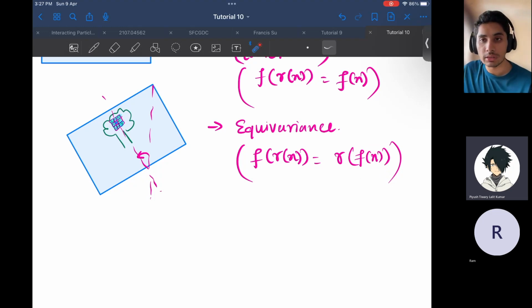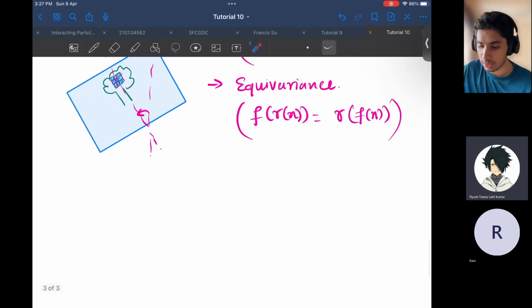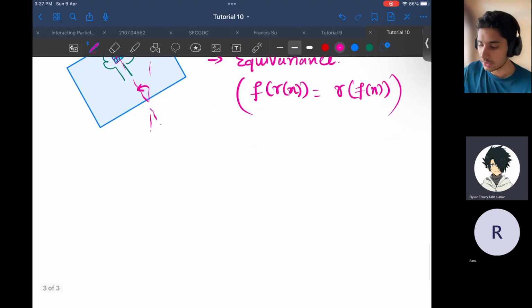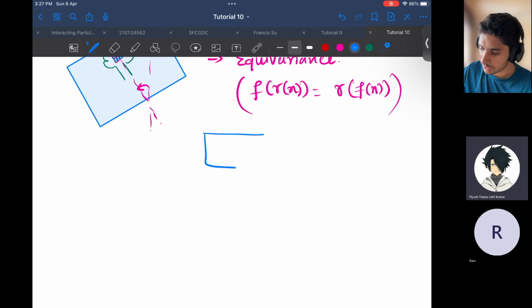So you can think of it as, let's say you are doing some sort of segmentation, right? One straightforward application of equivariance is, let's say you have some image and you want to segment out something. Segmentation basically means that, let's say you have a picture of a lot of balls and some background.